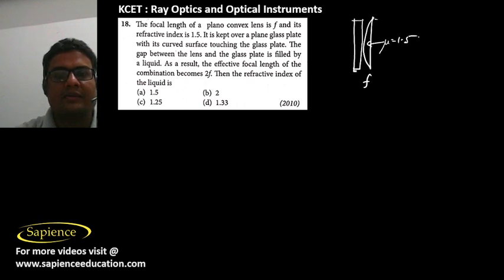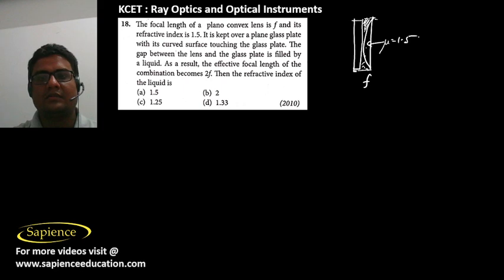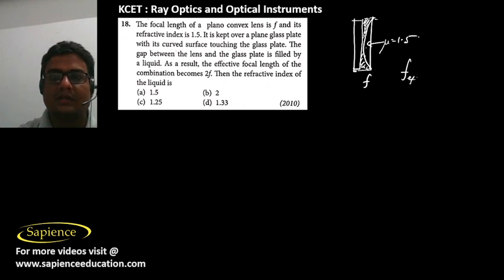The gap between the lens and the glass plate is filled by some liquid. As a result, the effective focal length of this combination becomes 2f. Then the refractive index of the liquid is how much?